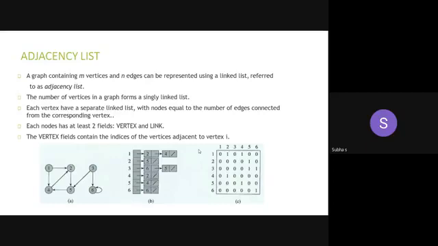Look at the diagram. We have 6 vertices. Find the adjacent vertices for each vertex. For example, in the given diagram, for vertex 1, what are the adjacent vertices? 2 and 4. So you have to connect 2 and 4 like a normal linked list. You know the representation of linked list. You connect all the elements by mentioning the address of the next element.